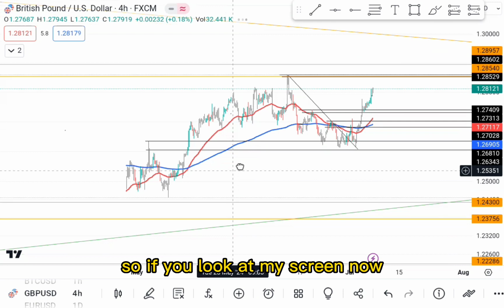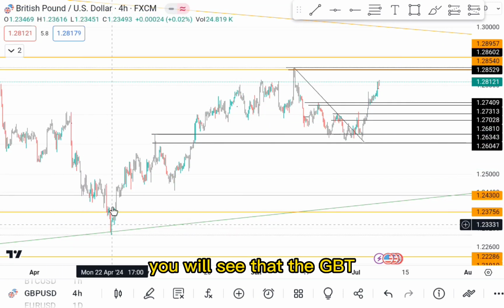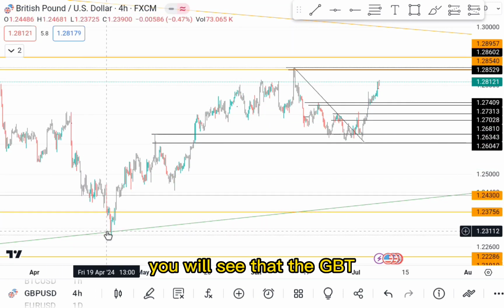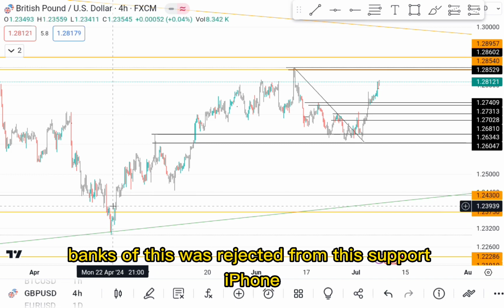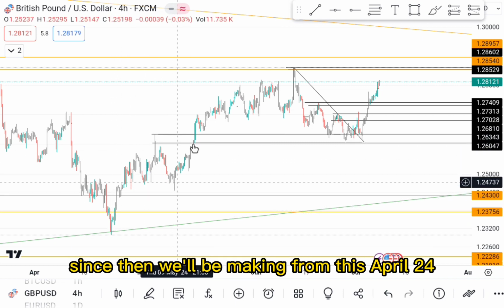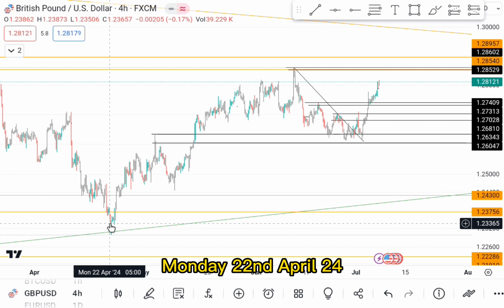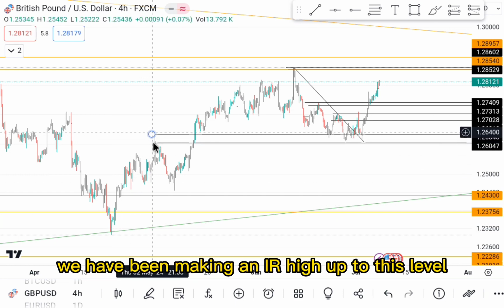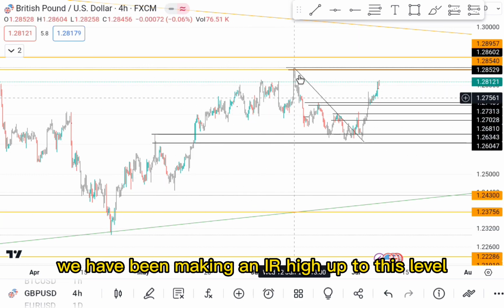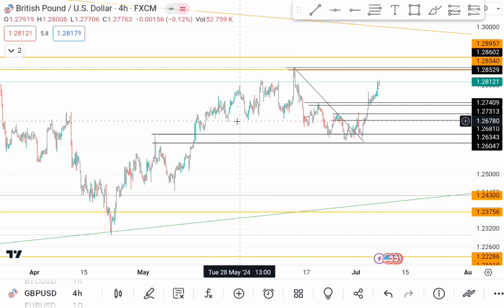If you look at my screen now, you will see that the GBPUSD bounced and was rejected from this support here, and since then, from this April 24, Monday 22nd April 24, we have been making a higher high up to this level.